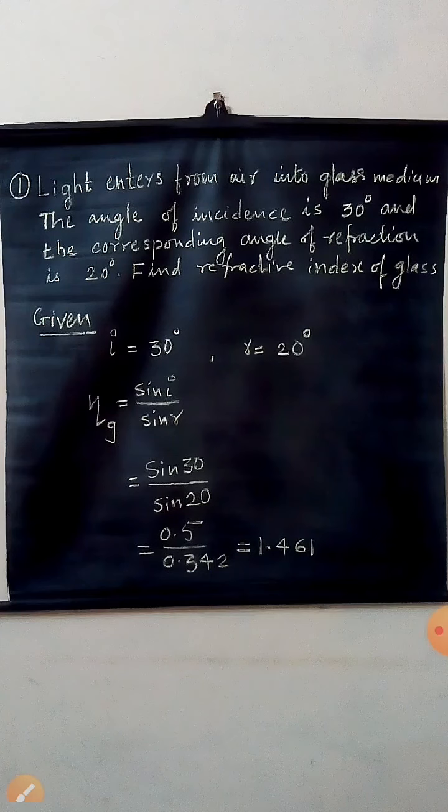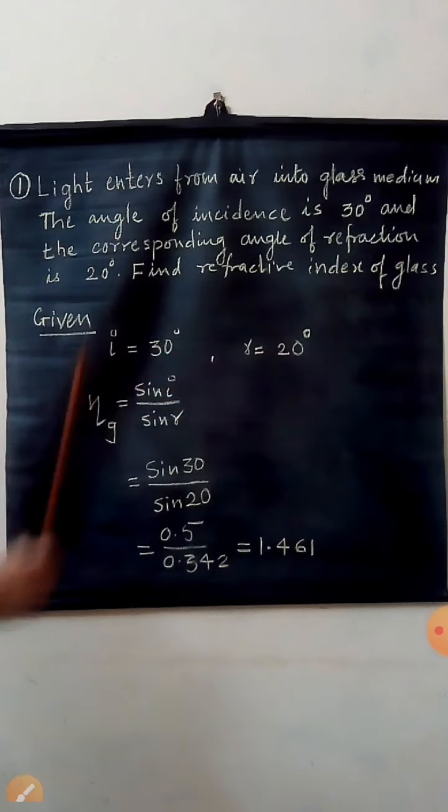So now first write down the given data. You are given angle of incidence is 30. So here we have written down I is equal to 30. Angle of refraction is given as 20 degrees. So R is equal to 20 degrees.